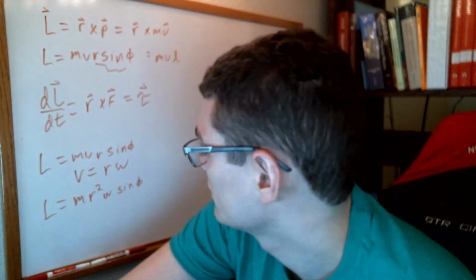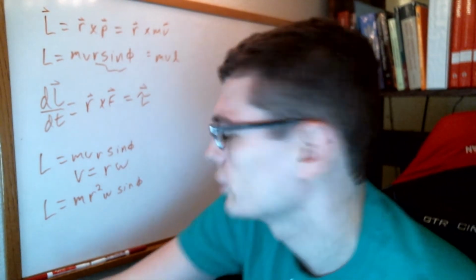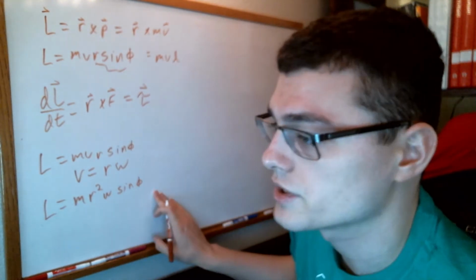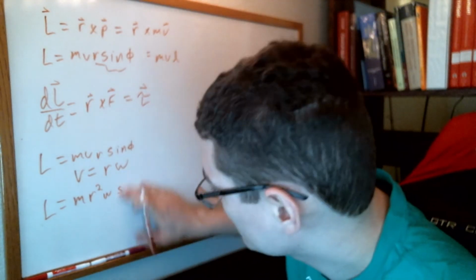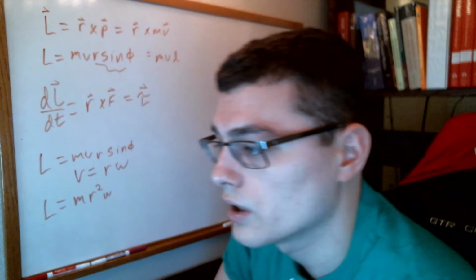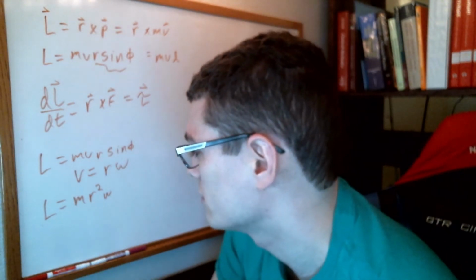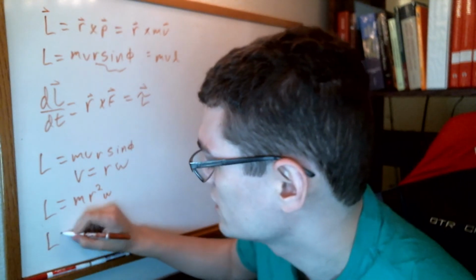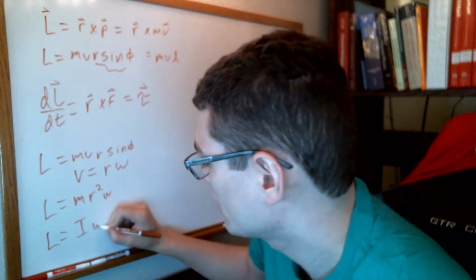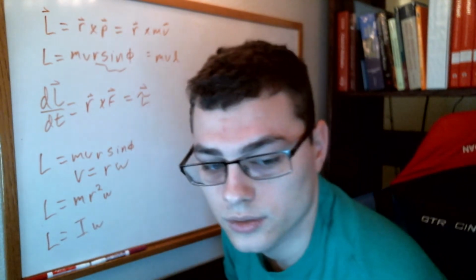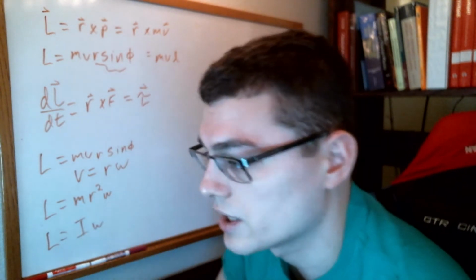This is how you usually do it. But if we assume all of this is tangential, we can get rid of the sine, and now you have your equation for angular momentum, which is I omega, because that's what I is in there.